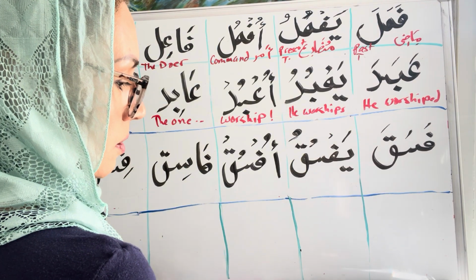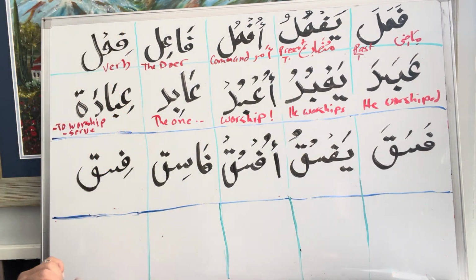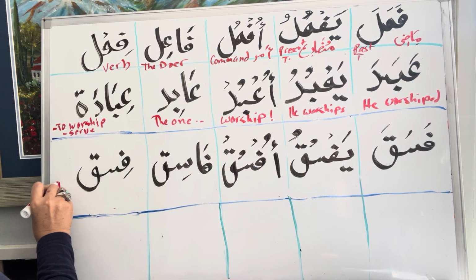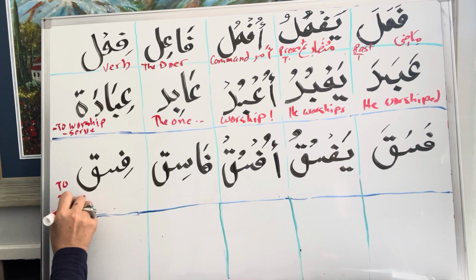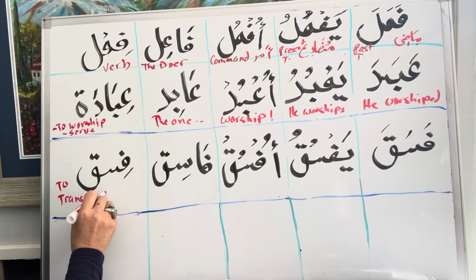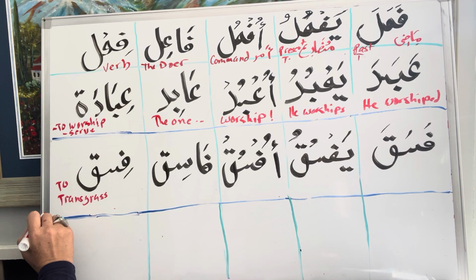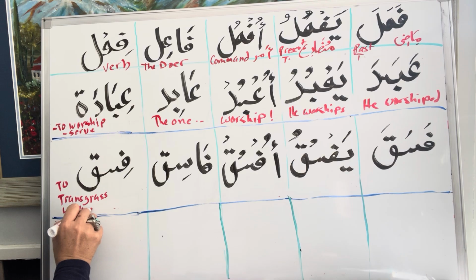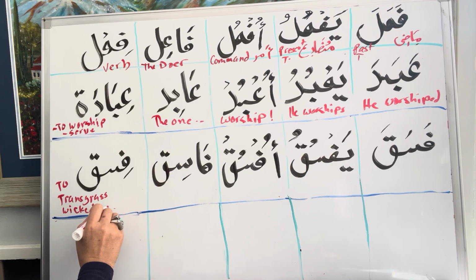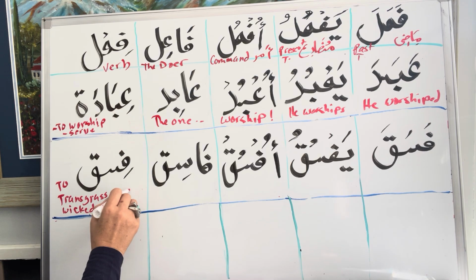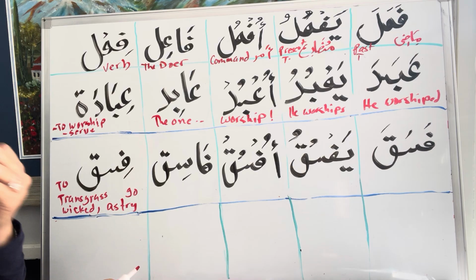Okay. So this has several meanings here. This is to transgress. It means to be wicked, to corrupt, to cause corruption, to go off the path, astray, go astray. So there's a lot of meaning for fisq.